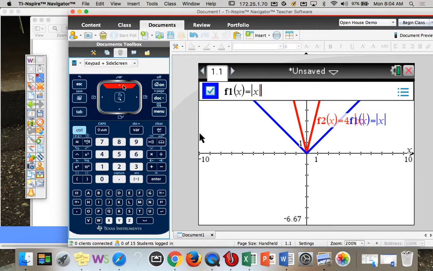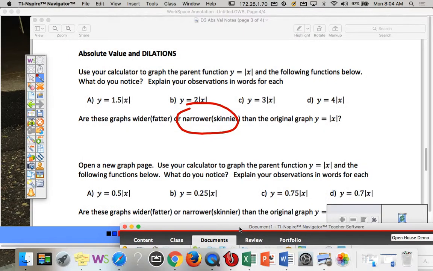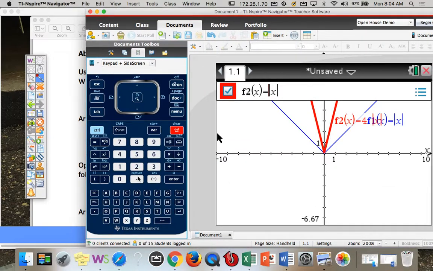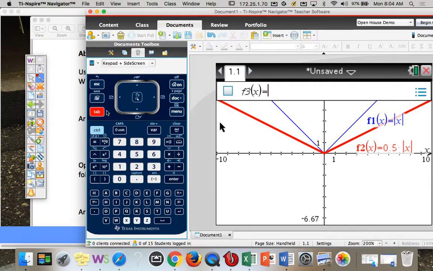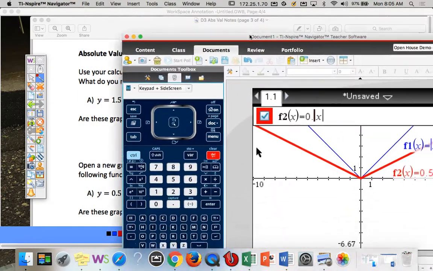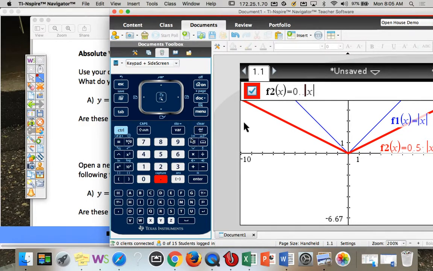So the first one is 0.5x. Okay, that one's wider. The next one is 0.25x.